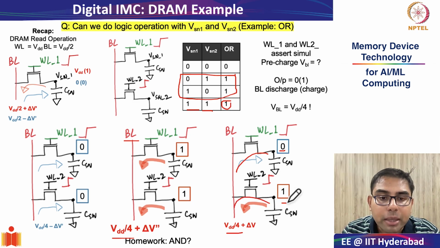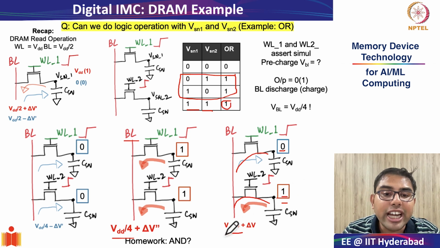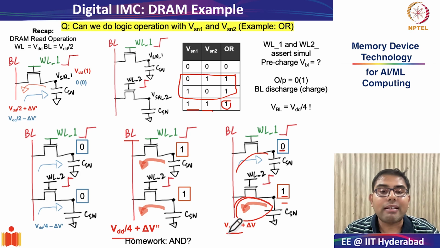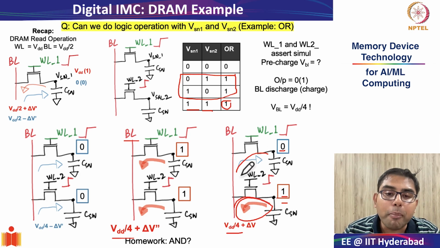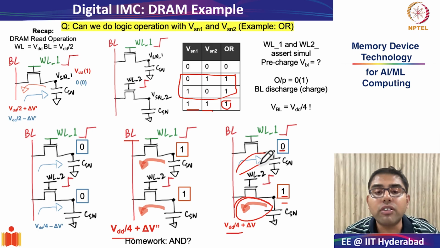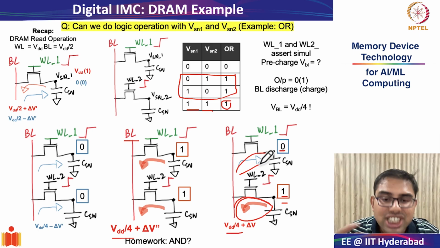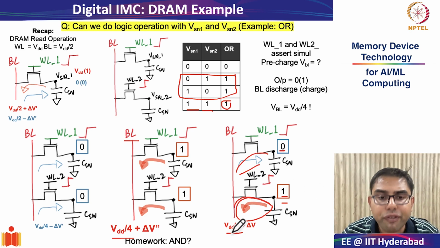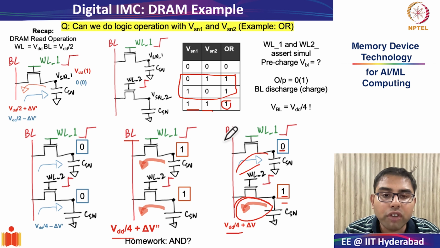But because the potential difference between VDD, which is at storage node 1, and VDD by 4 is 3 VDD by 4, the value of the read current which will flow from the storage node consisting of 1 into the bit line will be much more in magnitude compared to the one which is flowing inside the storage node 0, just by virtue that the potential difference between VDD and VDD by 4 is greater. And therefore, there will be a net charging of the bit line which also will get detected as 1.